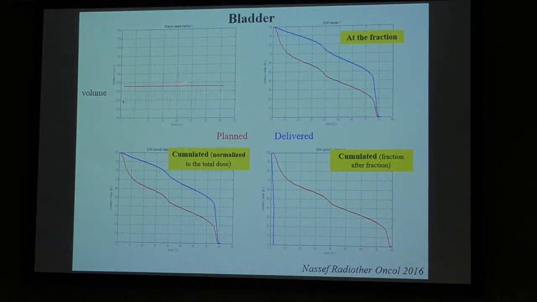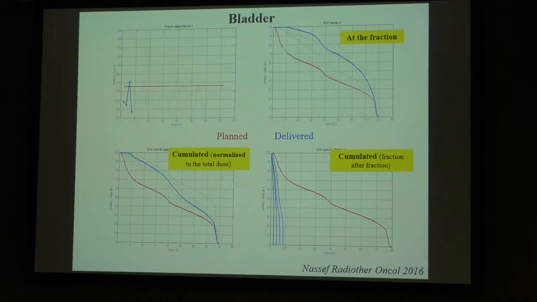This is, in this example, what was done for the bladder. Here is the reference volume of the bladder, which was like that. And then at the fraction, because the bladder volume was lower, the dose received by the bladder was higher. By using elastic registration, it appears possible to accumulate the dose, fraction after fraction.